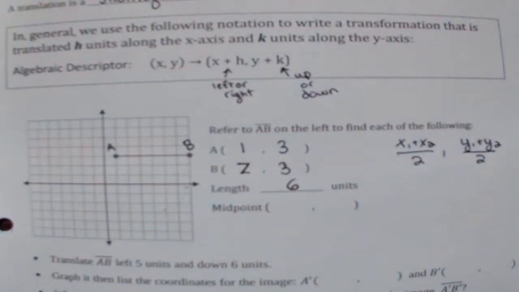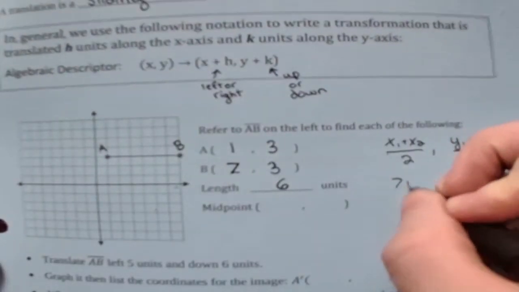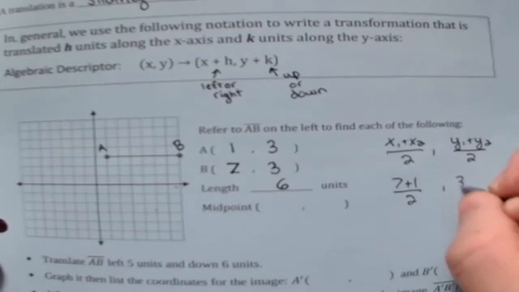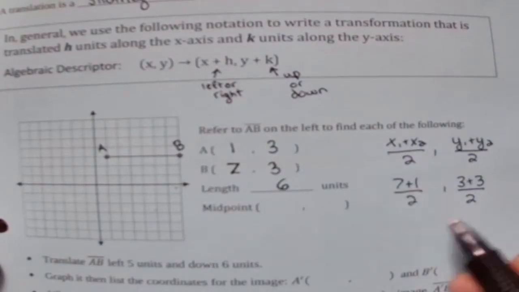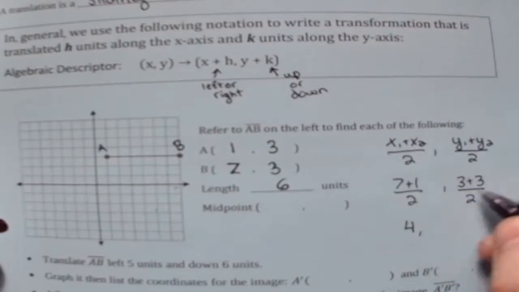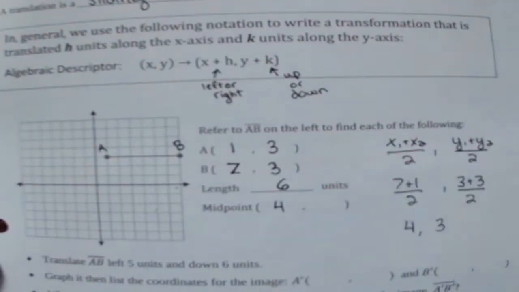So basically you find an average. So my x values go together, 7 plus 1 divided by 2, and 3 plus 3 divided by 2. So 7 plus 1 is 8, 8 divided by 2 is 4, and 3 plus 3 is 6, 6 divided by 2 is 3. So the midpoint is going to be located at 4, 3.